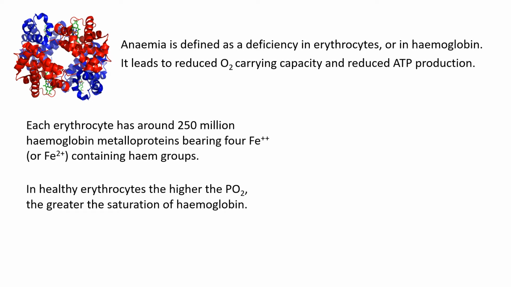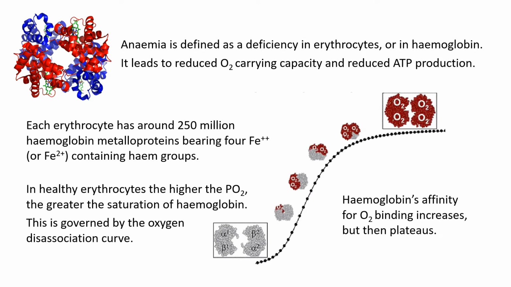In healthy erythrocytes, the higher the PO2, the greater the saturation of hemoglobin. In other words, more and more of those Fe2+s are bound by oxygen. And this is governed by the oxygen dissociation curve. A key characteristic of this is that it climbs steeply.